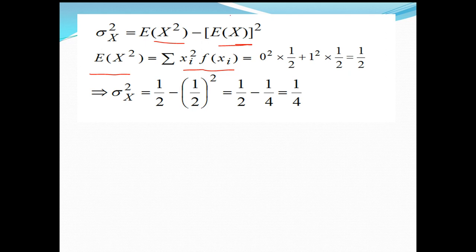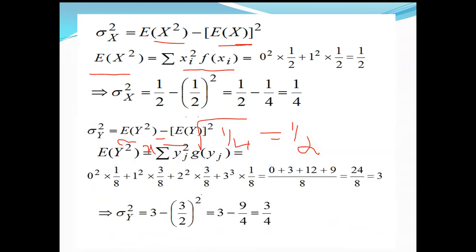Therefore, on substituting this, we get sigma x square is equal to 1 by 4, and therefore here itself we can write sigma x is equal to square root of 1 by 4, that is equal to 1 by 2. Sigma x is 1 by 2. Now we can find sigma y square, the variance of the y distribution.